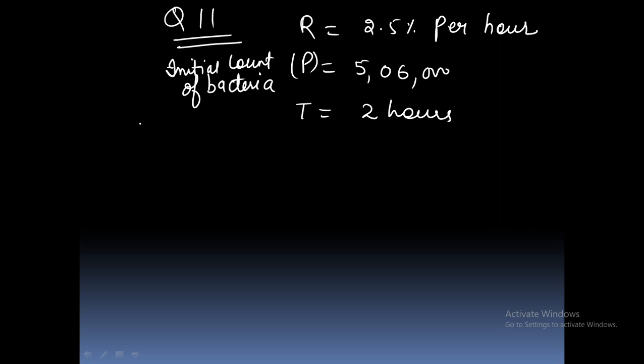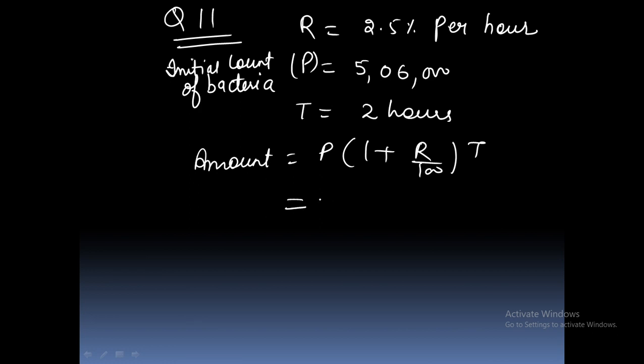For calculating the bacteria at the end of 2 hours, we will use the same formula, amount is equal to P bracket start 1 plus R over 100 power T. Here we will use principal amount 5,06,000 in bracket 1 plus 2.5 over 100 power 2.